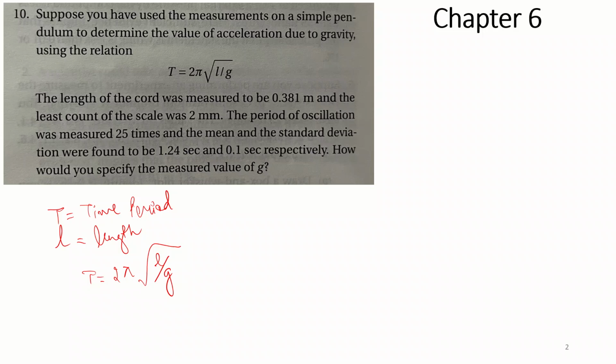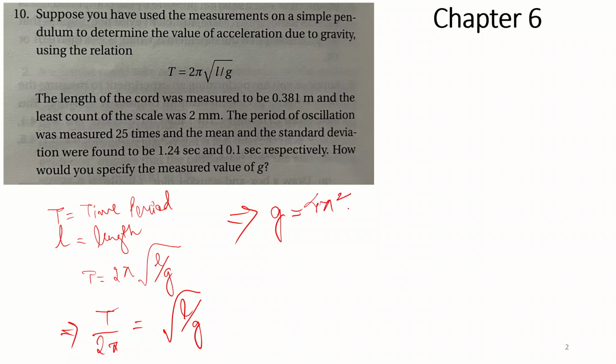So what we can do is take out the value of g. T by 2 pi equal to root L by g. What we can write is g equal to 4 pi square L by T square. Just rearrange it.